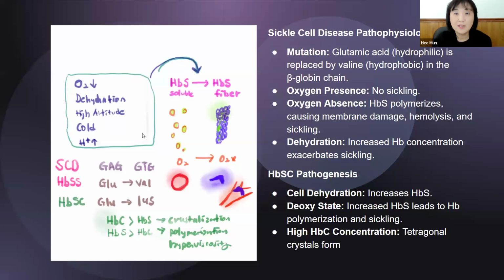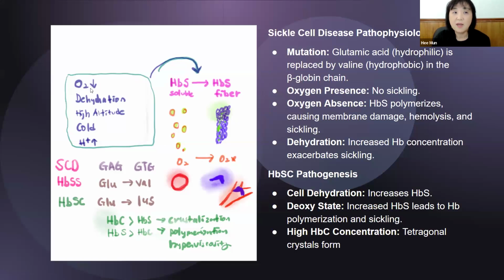So let's talk about sickle cell disease pathophysiology. In hemoglobin SS, sickle cell anemia, glutamic acid is hydrophilic, but the substituted valine is hydrophobic, right? It is usually soluble, and if oxygen is present there's no sickling, but when oxygen is absent it polymerizes and makes fibers.